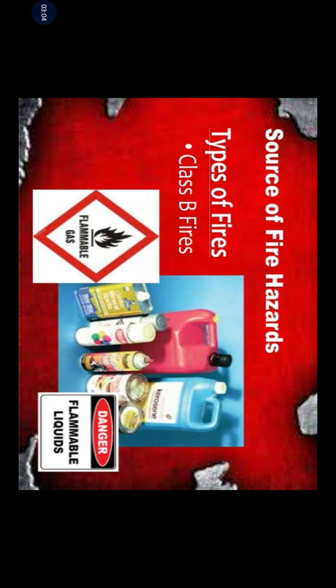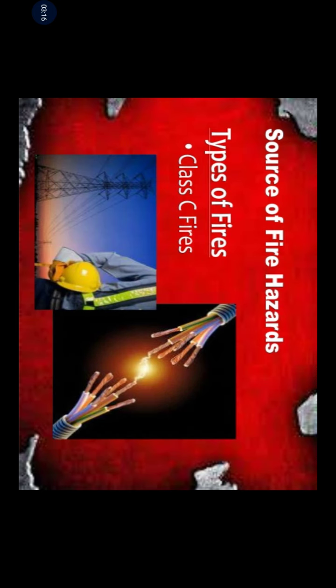Next, examples for class B fires: flammable gas and flammable liquids, for example kerosene, petrol. Examples for class C fires: the metals, metal contacts.